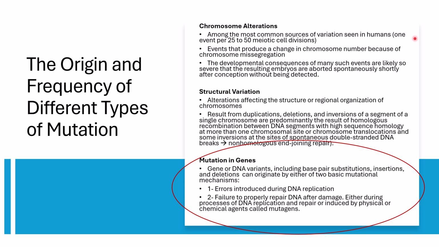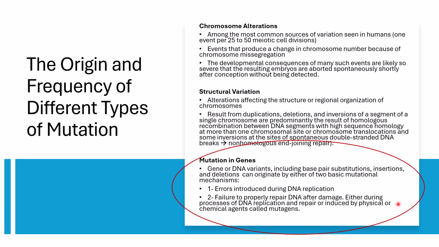One of the most common sources of variation seen in humans is the chromosome alteration that happens during chromosome segregation. Missegregation will affect the number of chromosomes, and this is one of the most common causes of spontaneous abortion that we see in clinical life. Other variation can happen at the structure of a region of a chromosome, resulting from duplication, deletion, or inversion of a segment of a single chromosome. Or these variations can happen at the level of genes.